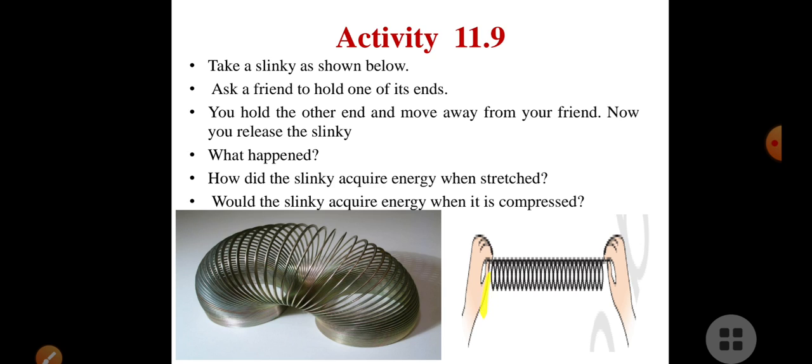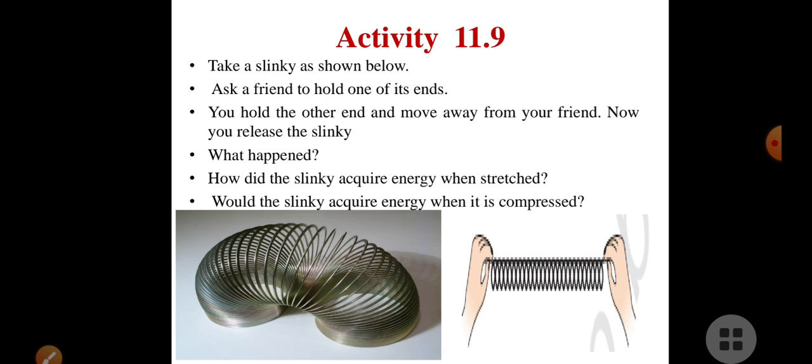So one end is held by your friend, and when you stretch it to a large distance, you can see that its turns open and the shape of the slinky keeps changing. And in your pens also, you must be having springs. In some ball pens, some springs are provided. You can check there also, it has turns, and when you apply force on one end of that spring, its shape changes, it gets elongated.